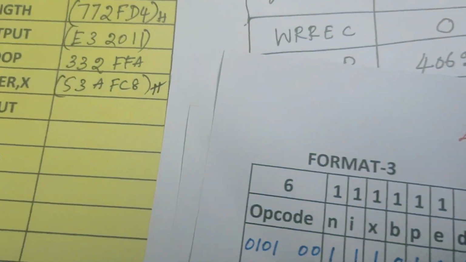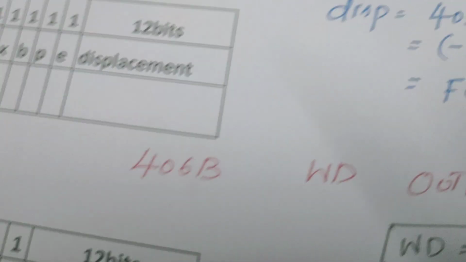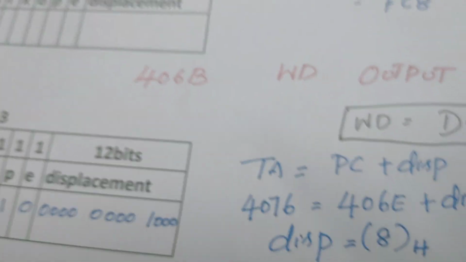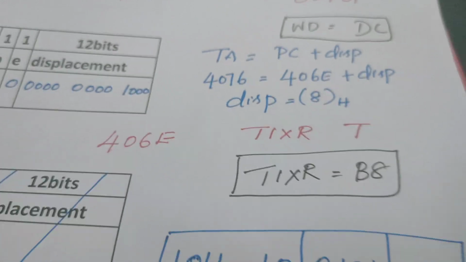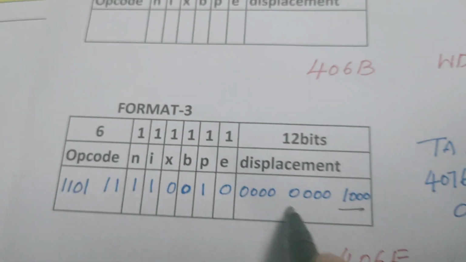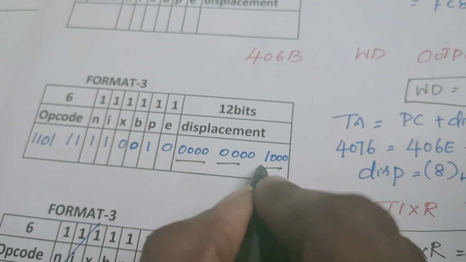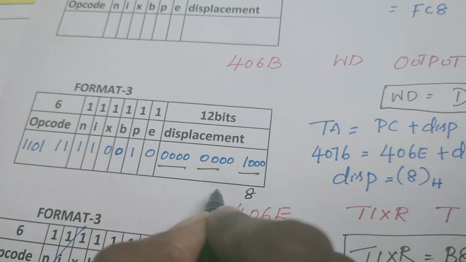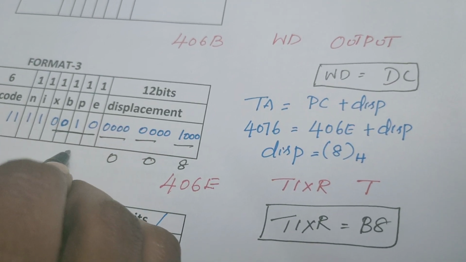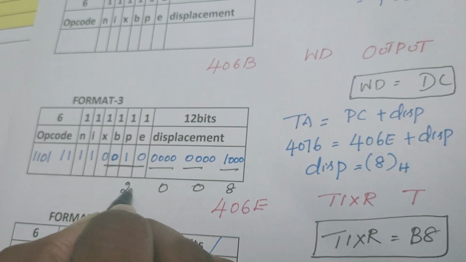Similarly, I assembled the other instructions also. WD output I have assembled. When I assembled this instruction, the object code, whatever I'm getting, this is 800. 0010 means it is 2.